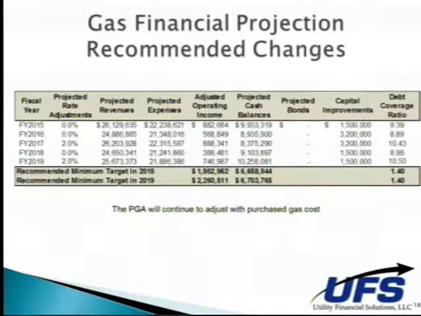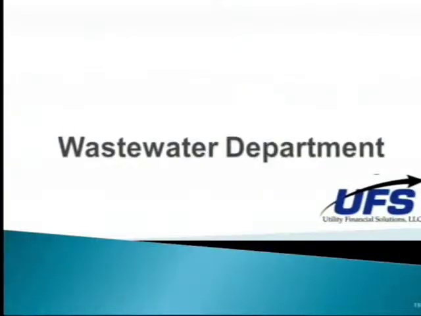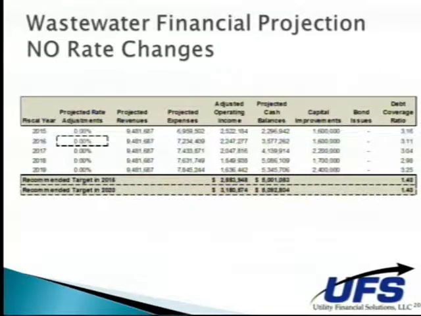So let's go to the wastewater department. Page 10, the second table on the page. This again, I'm just showing you where you are financially today with no rate changes. The key columns are those two middle columns and that last debt coverage ratio column. You'll see operating income is dropping. I want my target to be almost $3 million. Are you guys finding page 10? Do you have page 10?